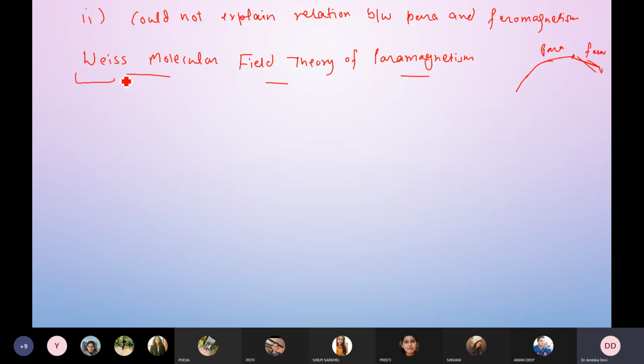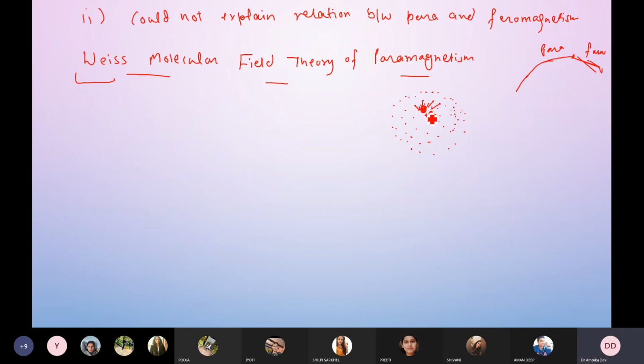What is this internal molecular field? He observed that if there are n number of molecules together, and each molecule is behaving like a dipole, then if we are talking about this molecule, the other dipoles or other molecules are also exerting a field on this particular molecule, right?